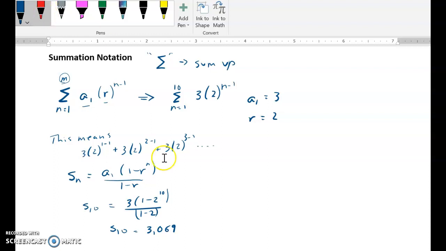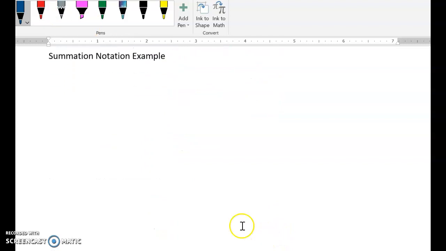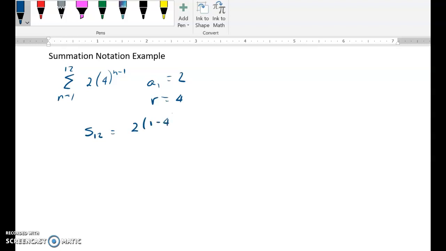Let's do one more example with summation notation. And let me give you the sum from n equals 1 to 12 of 2 times 4 to the n minus 1. From this, I can draw out that my A1 is equal to 2, my r is equal to 4, and I'm going to take S sub 12 equals A1, which is 2, times 1 minus 4 raised to the 12th power, all over 1 minus 4.